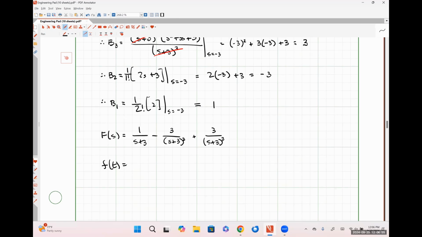So what would our inverse Laplace transform be? e to the -3t, that's the easiest one. Then -3t e to the -3t. All right, what's next?